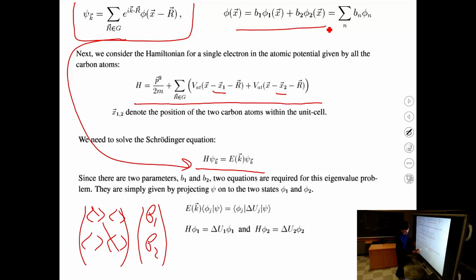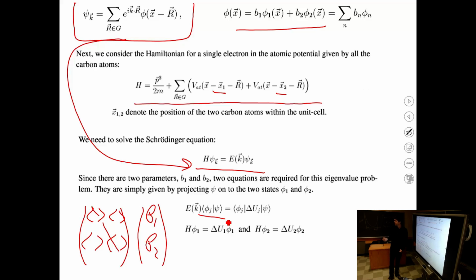For example, we need to calculate the matrix element between phi 1 and phi 2 and the full wave function psi. And we also need to calculate the matrix element of this Hamiltonian for function phi and psi. So if you project this Schrödinger equation onto phi 1 and phi 2, you're going to get two equations of this form.